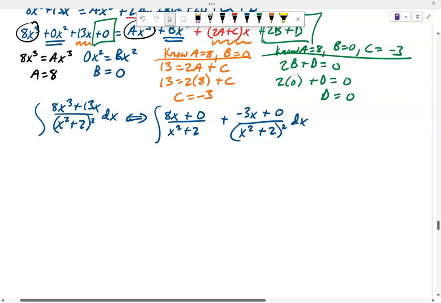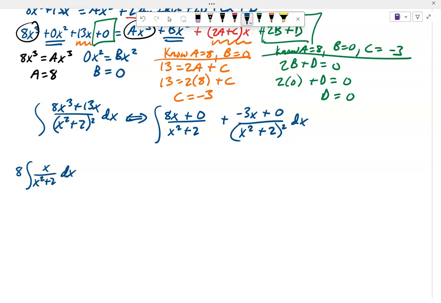And so we've got the integral of 8x over x squared plus 2 dx and minus 3x over (x squared plus 2) squared dx.